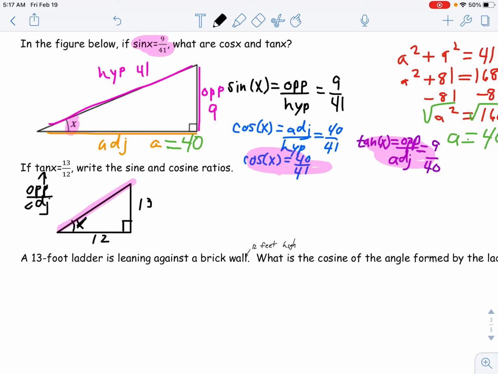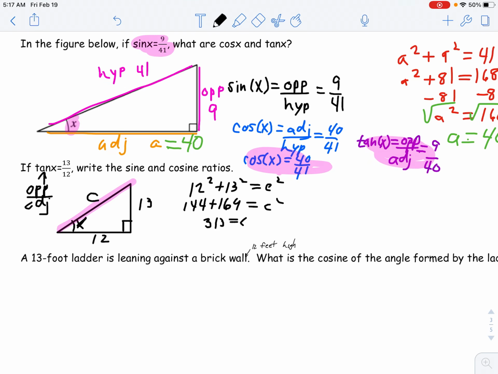Now we use the Pythagorean theorem to find the hypotenuse, which we'll call c. 12 squared plus 13 squared equals c squared. We get 144 plus 169 equals c squared. What is 144 plus 169? 313.